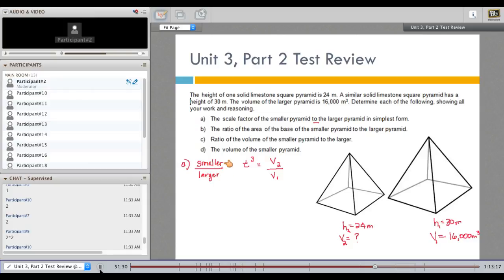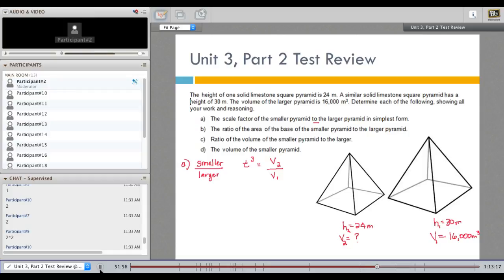So the way part A reads is that we want the scale factor of the smaller to the larger. That tells you smaller needs to go in the numerator and larger needs to go in the denominator. That's the key. Here's where it gets a little bit tricky.